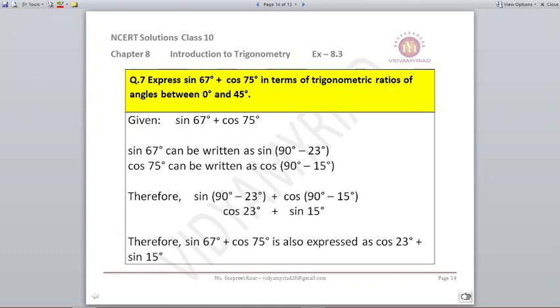What does it become? In the first case it will become cos 23 degrees and cos will become sin 15 degrees, and hence we have expressed it in between 0 degrees and 45 degrees.